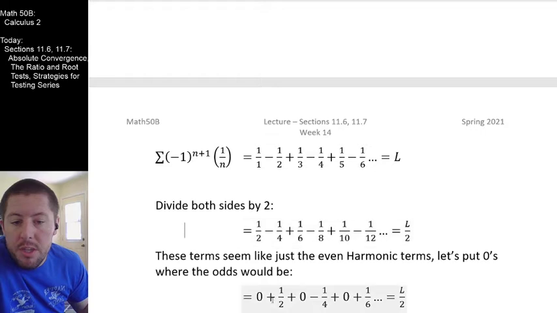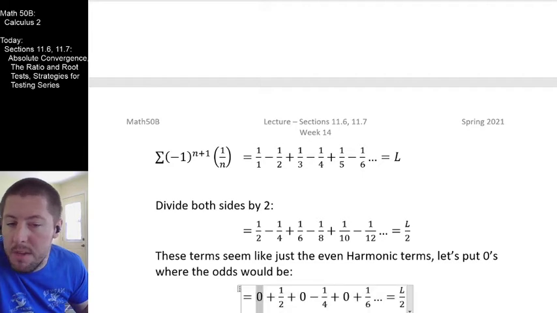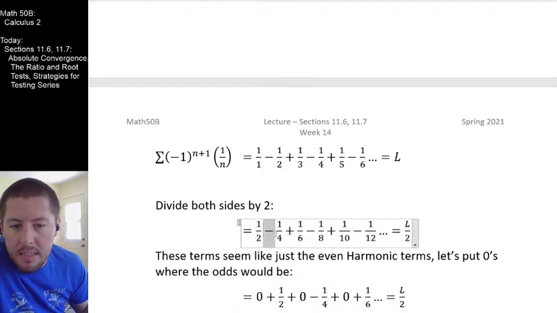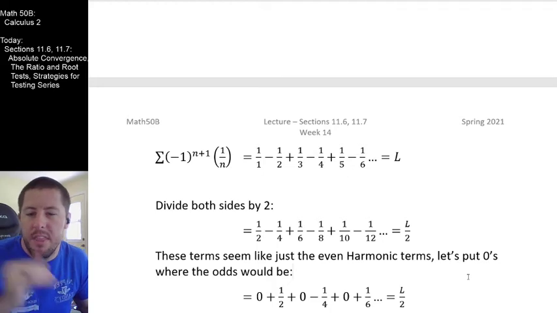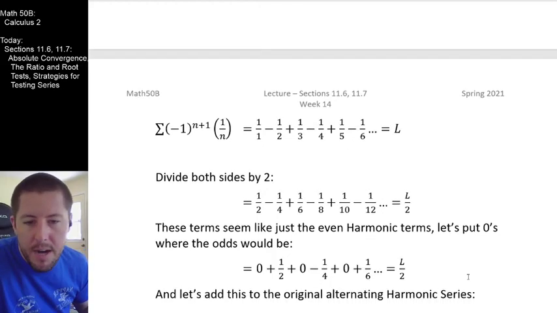So I'm going to throw into the slots where there are missing terms from the regular harmonic series. That's where there should be the 1 over 1, but there wasn't one. Then we kept the 1/2, positive 1/2. We missed the 1/3, so I put a 0 in to hold its slot right there. Next up was negative a fourth, and negative a fourth is my next thing. So this is me just slotting in some zeros where I saw the odd denominators not appearing, right?